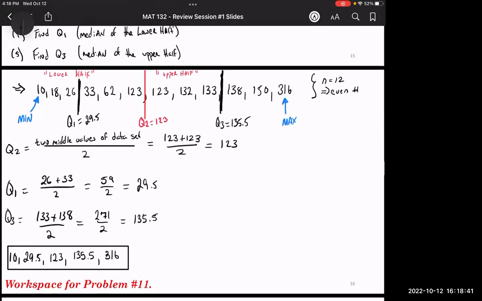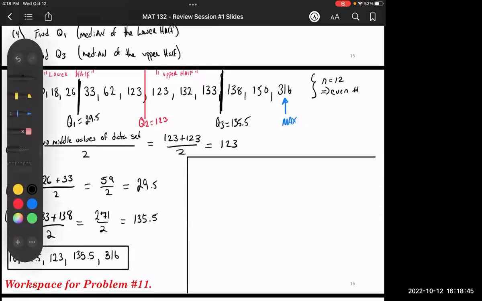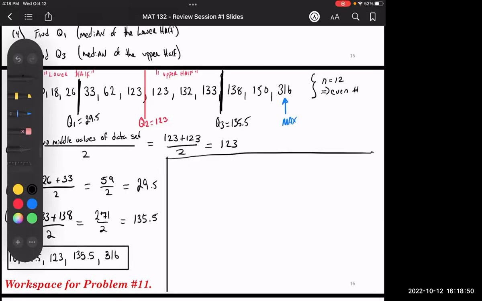Right, so we're going to do the box plot. So I'll do it down here. I might need a little bit more room than that. So let's say down here. So here's 0, that's our starting point.